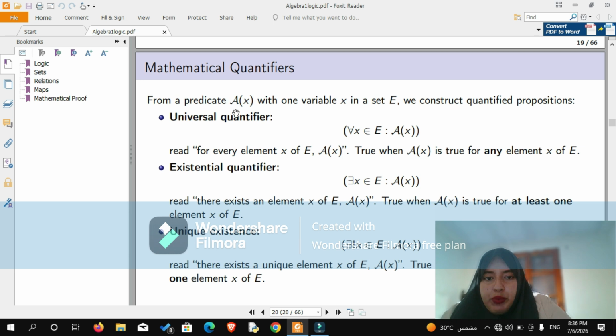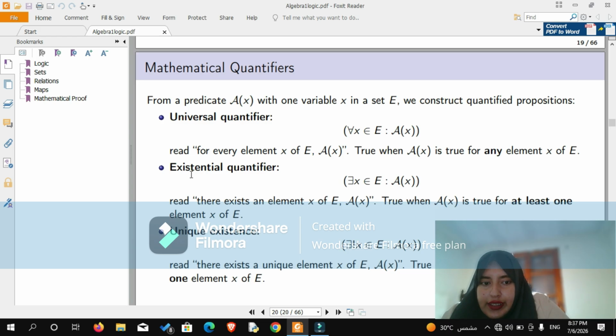From the predicate A of x with the variable x in the set E, we construct quantified propositions. The universal quantifier: for all x in E, A of x. This flipped A is read 'for all', and it means that for every element x of E, A of x is true.